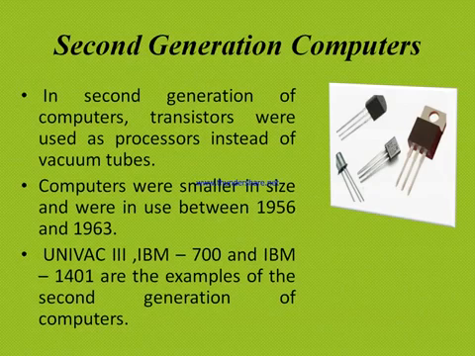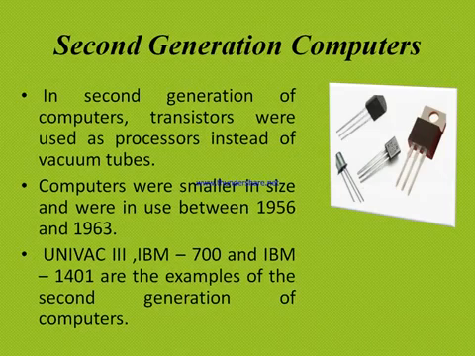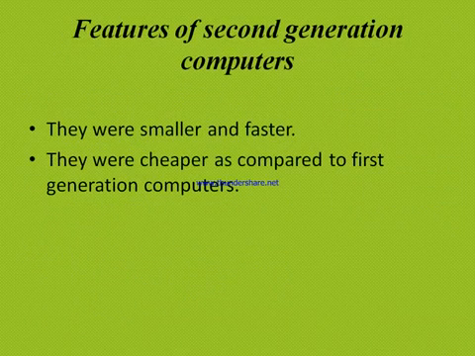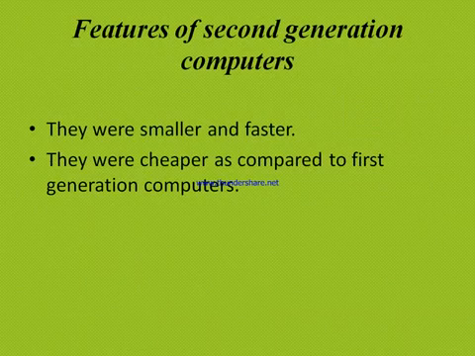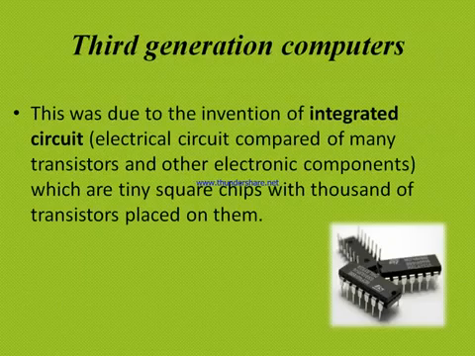UNIVAC 3, IBM 700, and IBM 1401 are the examples of the second generation of computers. The features of second generation computers are: they were smaller and faster. They were cheaper as compared to the first generation computers.